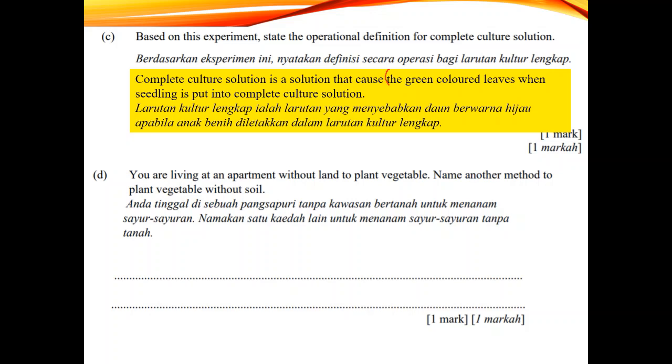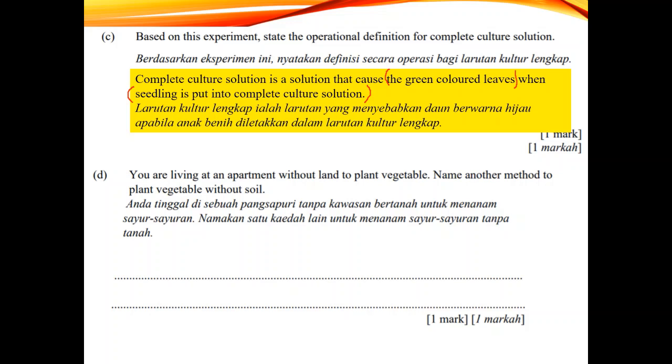And then what has been done. What have you done for this experiment? You put the seedling into the complete culture solution. So this is what has been done. Make sure when you write the operational definition, write down what has been observed and then what has been done in this experiment.